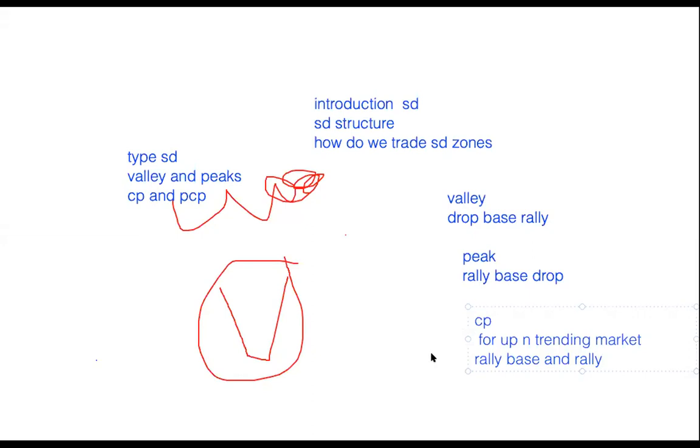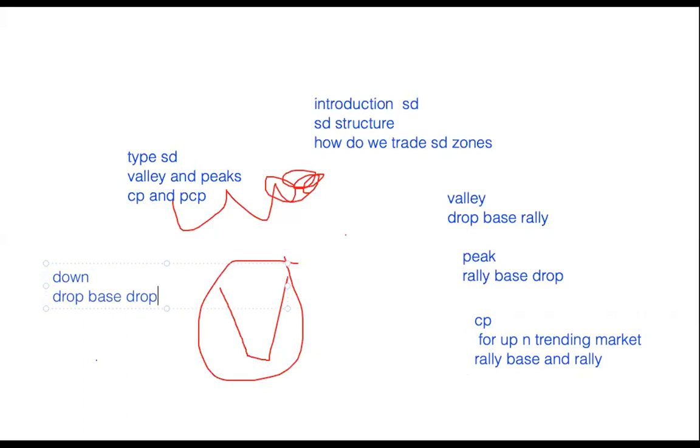For the downtrending market, we have a drop, a base, and a drop. That means price falls, then the market pauses, then it falls again. So these are the areas where we are going to be putting our orders.